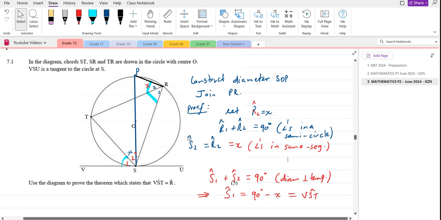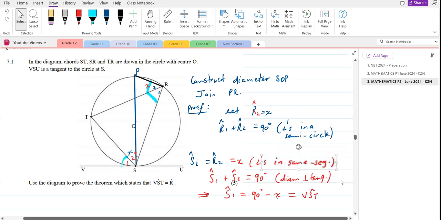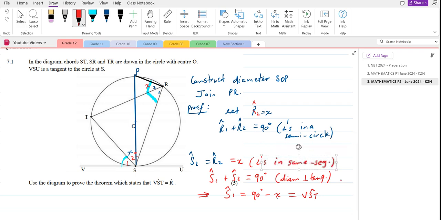The whole purpose of writing that other part was to find angle R1, which is equal to 90 minus x, because angle R2 is x. So make sure guys, when you're trying to solve this, place the x at the correct angle.